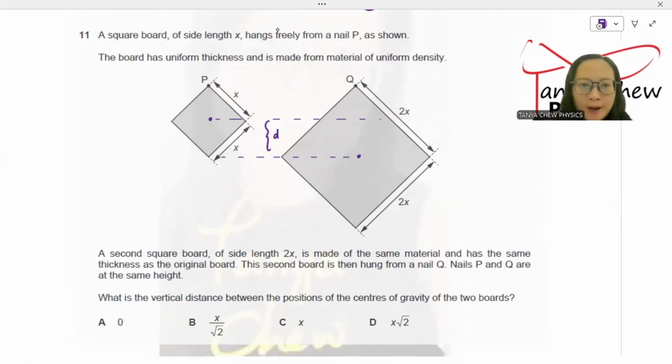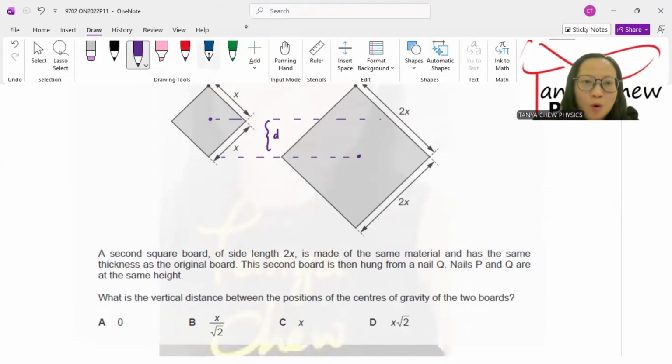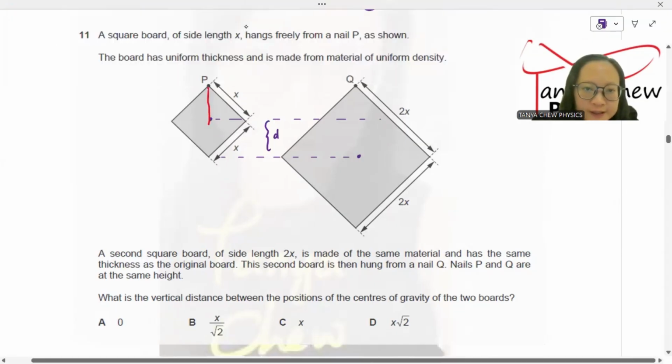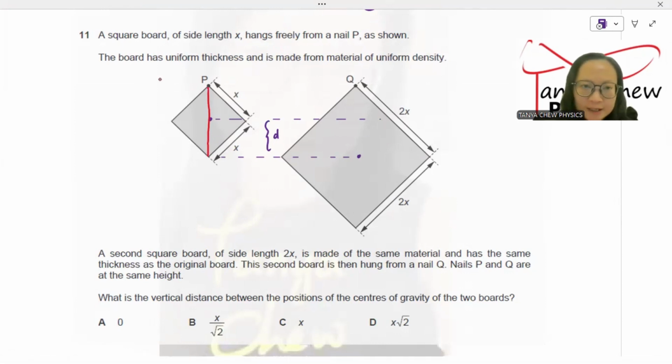Okay, let us look at the small board first. From here, I need to find this length first. I call this dp, because it is related to nail P. So dp, this is 90 degrees. You can use Pythagoras theorem to find the hypotenuse.